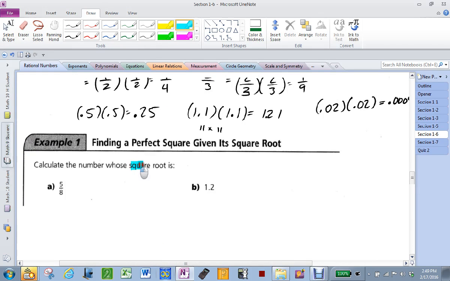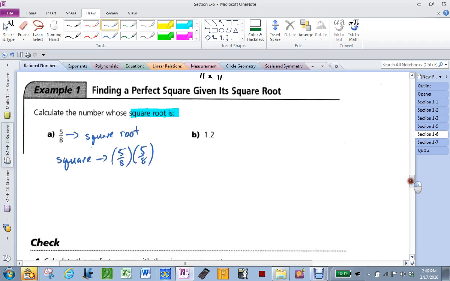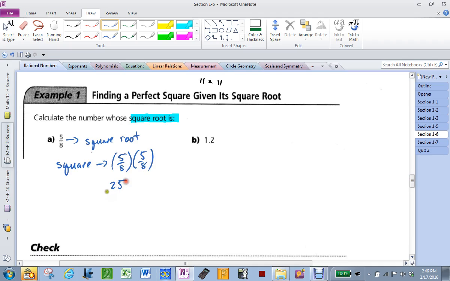Calculate the number whose square root is 5/8. So the square root is 5/8. Since 5/8 is the root, then the square is 5/8 times 5/8, which is of course 25/64.